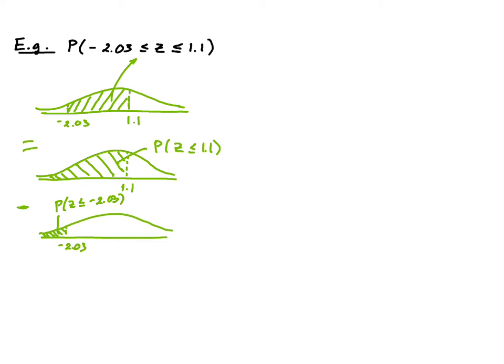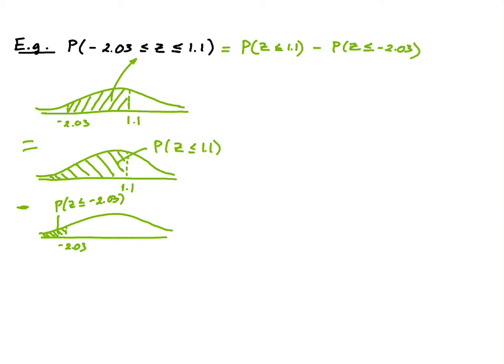Okay, so let's write this up here. This is going to be equal to the probability that z is less than or equal to 1.1 minus the probability that z is less than or equal to negative 2.03.